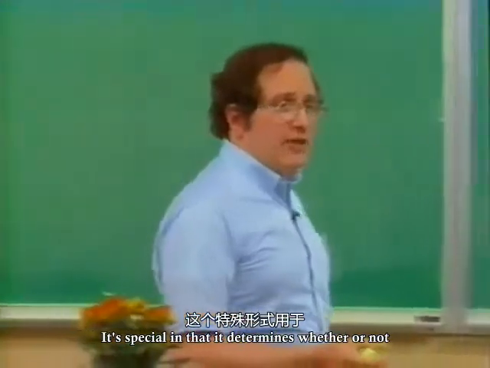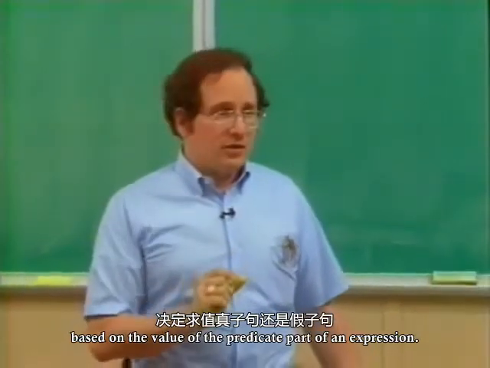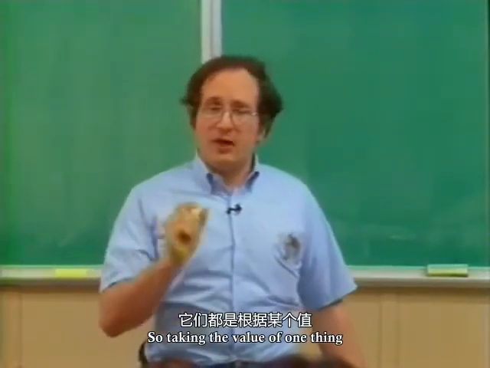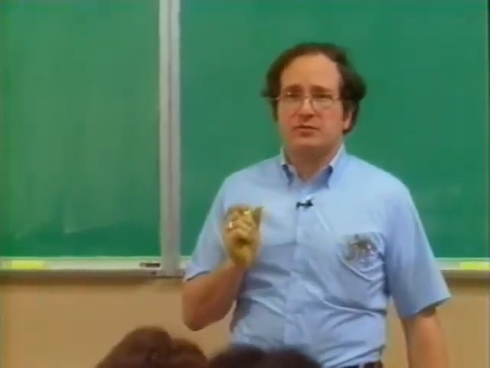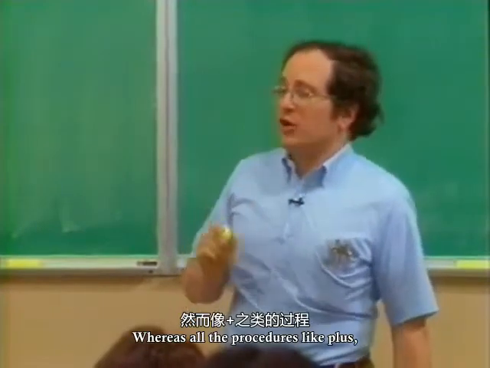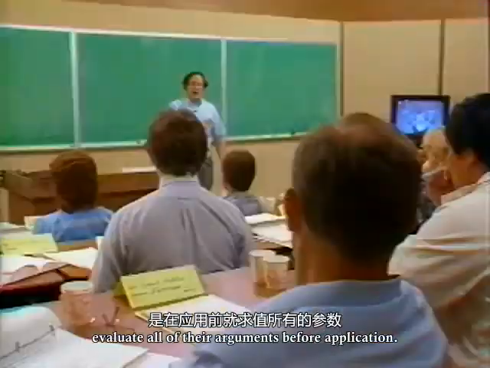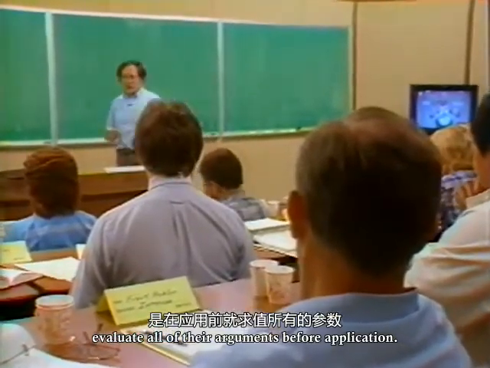It's special in that it determines whether or not to evaluate the consequent or the alternative based on the value of the predicate part of an expression. So taking the value of one thing determines whether or not to do something else. Whereas all the procedures like plus evaluate, and the ones we can define right now, evaluate all of their arguments before application.